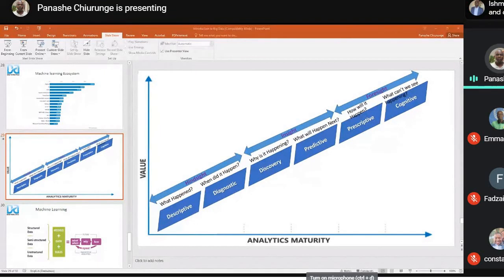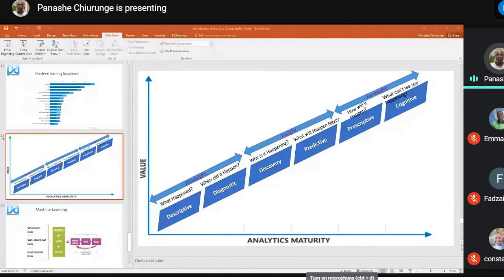Then you've got diagnostic analytics. Diagnostic analytics looks at when did it happen. So diagnostic analytics is equivalent to your audit reports. With your audit reports, you close off a particular financial period, and then you do reporting on that previous financial period, right?